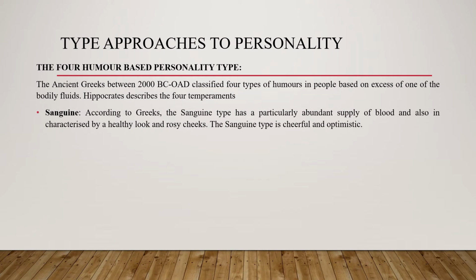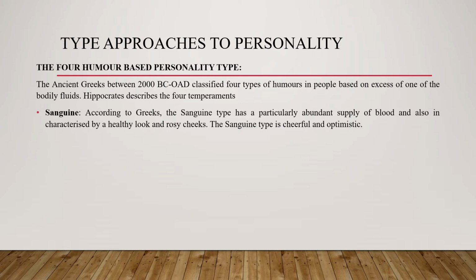The first one is sanguine. According to the Greeks, the sanguine type has a particularly abundant supply of blood and is characterized by a healthy look and rosy cheeks. The sanguine type is cheerful and optimistic.